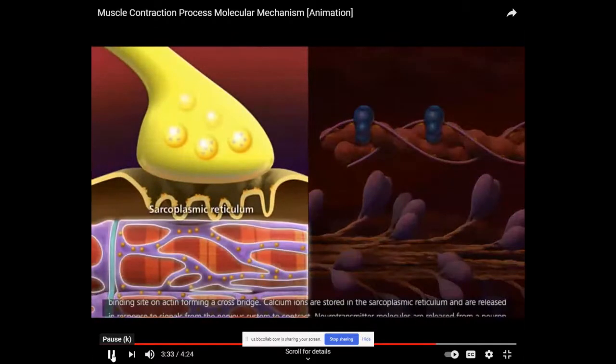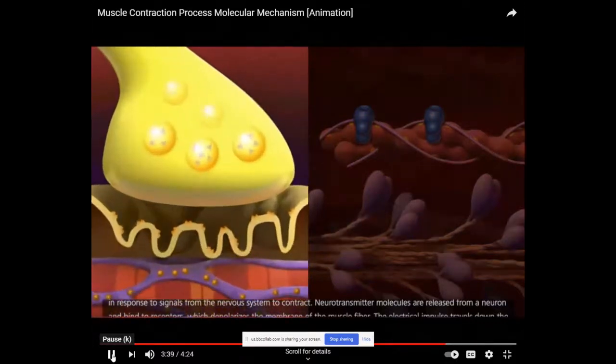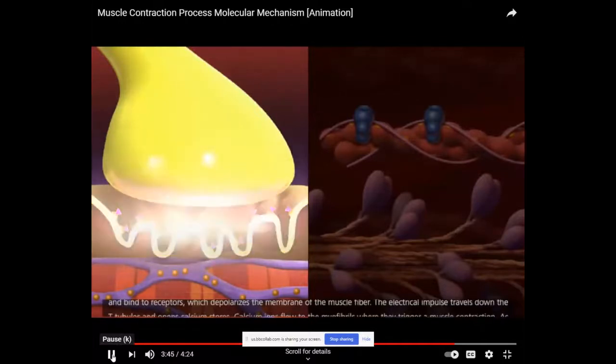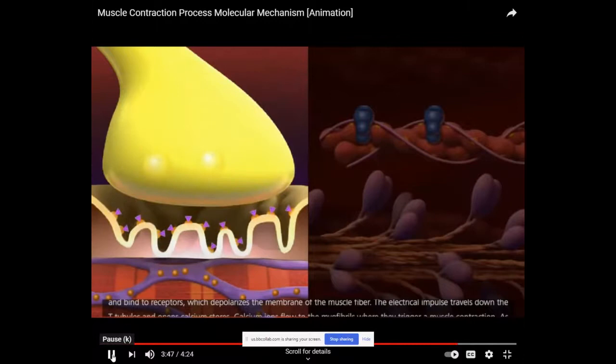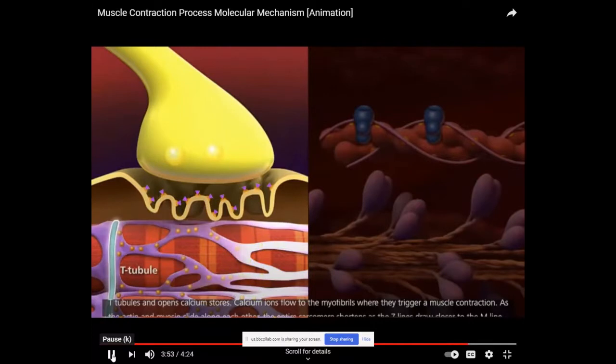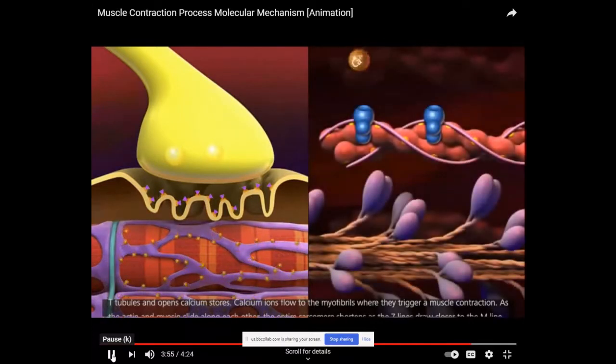Calcium ions are stored in the sarcoplasmic reticulum and are released in response to signals from the nervous system to contract. Neurotransmitter molecules are released from a neuron and bind to receptors, which depolarizes the membrane of the muscle fiber. The electrical impulse travels down the T-tubules and opens calcium stores.